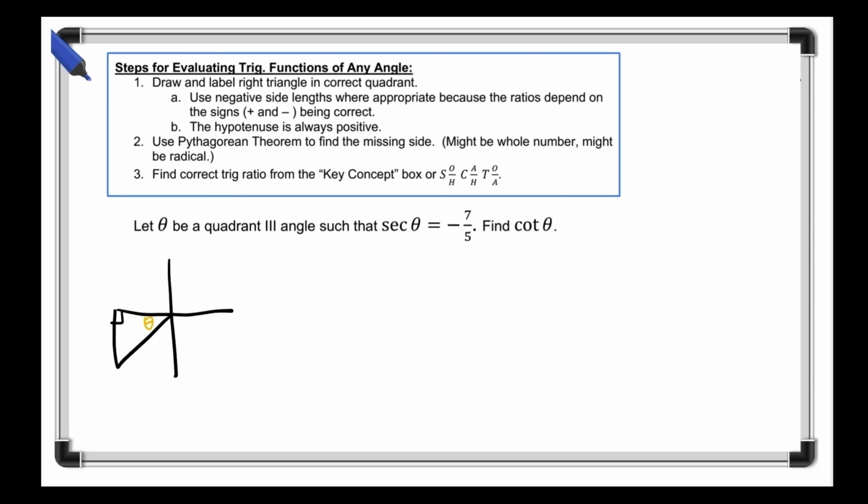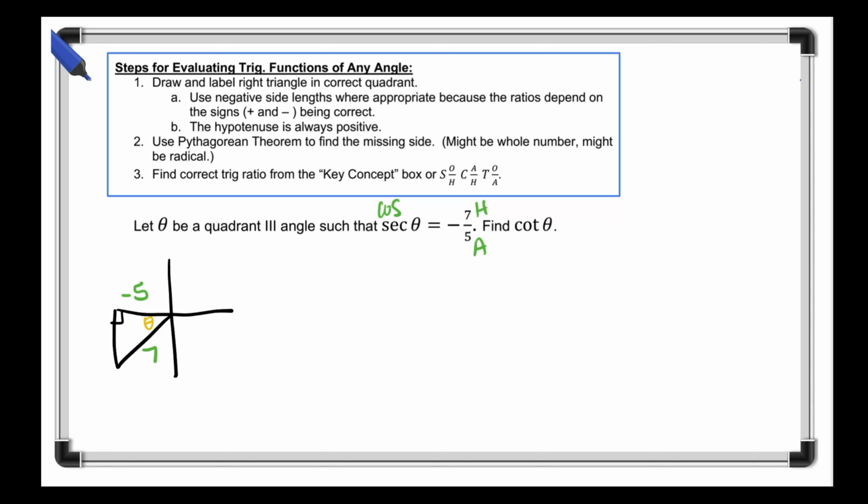Remember that secant is the reciprocal of cosine, and it's h over a. That means my hypotenuse is 7, and my adjacent is 5. If you're not sure where that negative goes, remember that the hypotenuse is always positive, so the negative goes with the adjacent, which makes sense. That's an x distance that is negative.